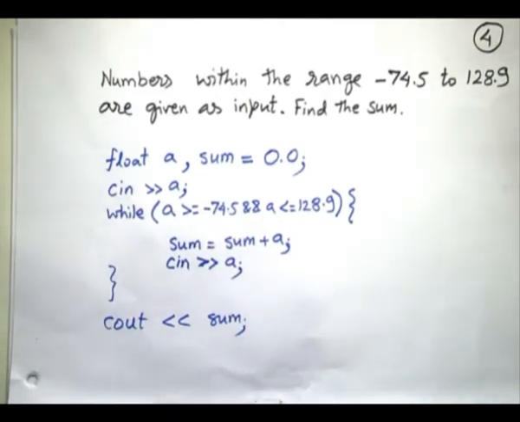Here is an assumption that we have made. Any number which is outside the range prescribed for the valid values will terminate the iteration. Okay, I should write a comment.